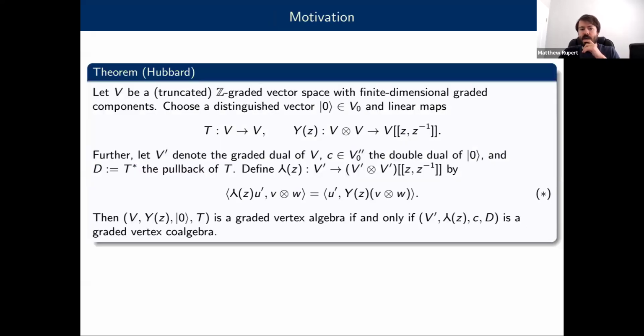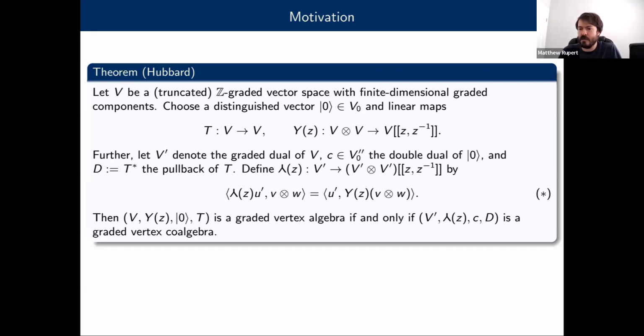And there's a very nice theorem of Hubbard, which says that if you have a Z-graded vector space, which is truncated below with finite dimensional graded components, then you can choose a distinguished vector, so a vacuum vector, a translation operator, a state field correspondence. And if on the graded dual, you let C be the double dual of the vacuum vector, D the pullback of your translation operator, and you define your state cofield correspondence by this equation star.